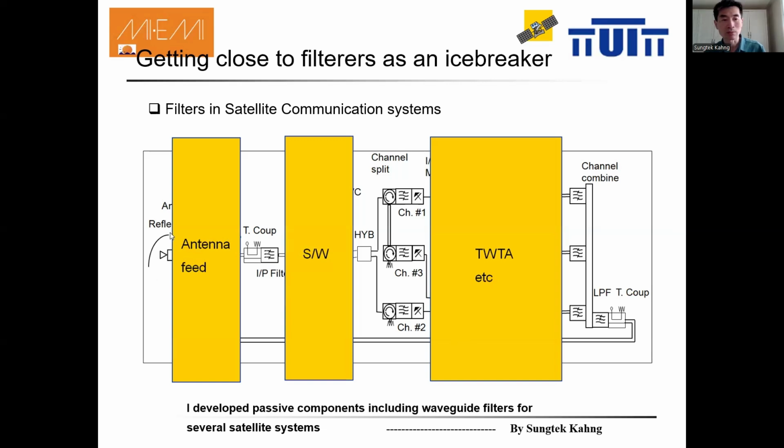You don't have to use the parabolic reflector, but to send and receive the radio frequency signal over tens of thousands of kilometers, which is the distance of satellite communication, we inevitably have high gain antennas and also high power handling structures.